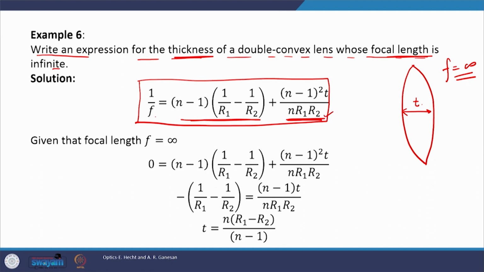Now, as given, f is equal to infinity, so we replace the left hand side of this expression by 0, because f is in the denominator, and write the right hand side as it is. After a bit of simplification, we get the expression for the thickness, which is n times (R1 minus R2) upon (n minus 1). This is the expression for a double convex thick lens whose focal length is infinite.